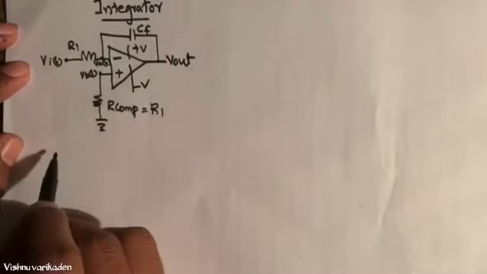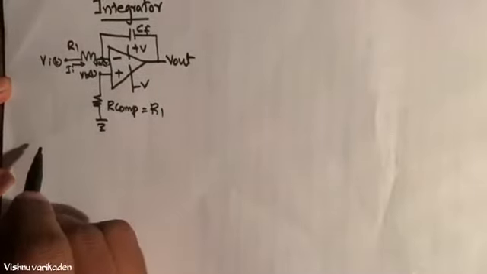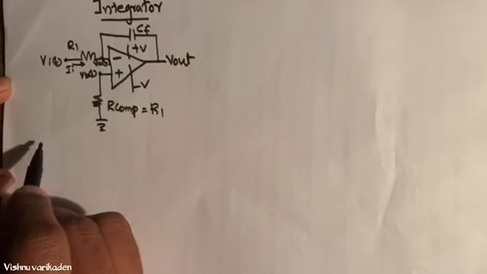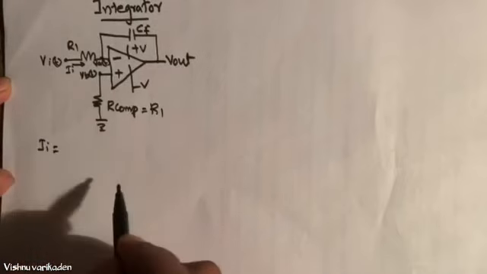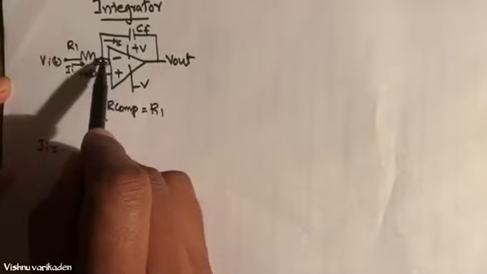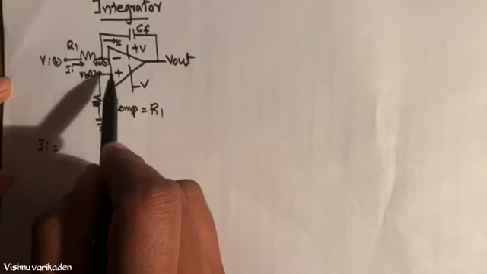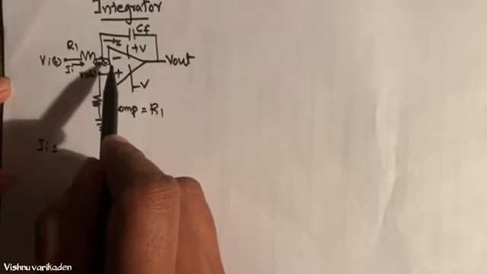So we know the equation. Simply we can apply the input current Ii. Ii is equal to the branch currents, Ib and If, and only a small amount of current flows into the input of the op amp, because the input resistance of the ideal op amp is very high.